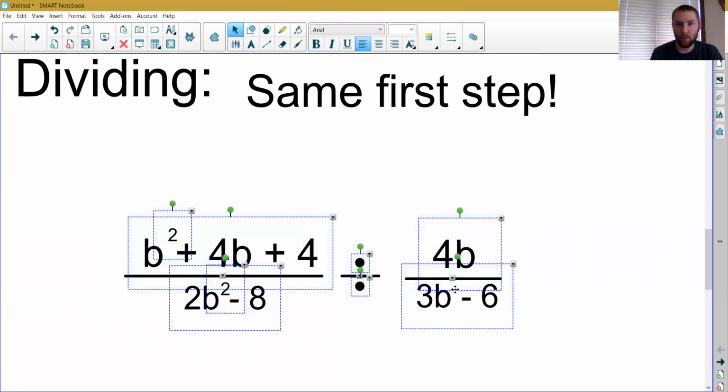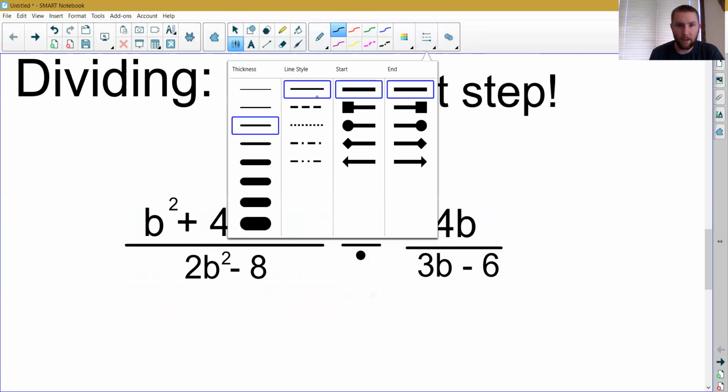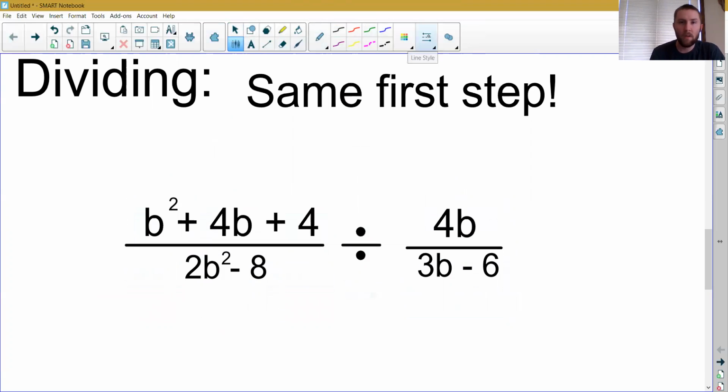Give myself a little bit more room here. And I'm going to look at all of these pieces and I'm going to try to decide if they can be factored. And if so, how I can factor them, okay? The first thing that I see on the top of the left-hand expression is b squared plus 4b plus 4. That's one where I just see a b squared, so I'm looking, I do see a b term in the middle as well.